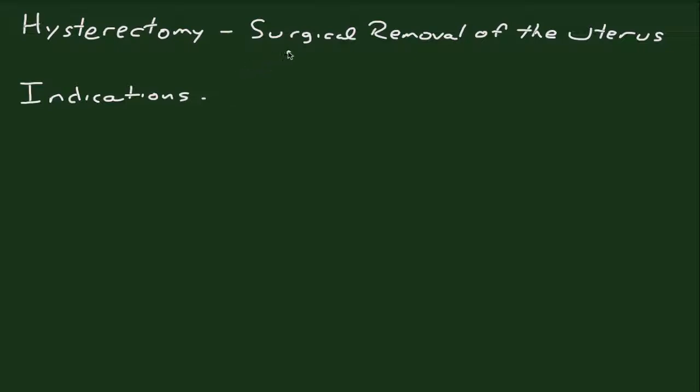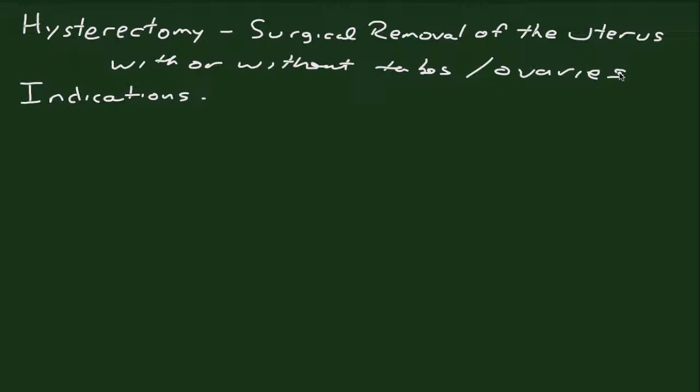So in simplest terms, a hysterectomy is the surgical removal of the uterus, and this can be with or without the removal of the tubes and ovaries. That portion of the operation, if you do that as well, would be designated additionally as a salpingo-oophorectomy, often done at the time of hysterectomy, depending on the indication, but not necessarily.